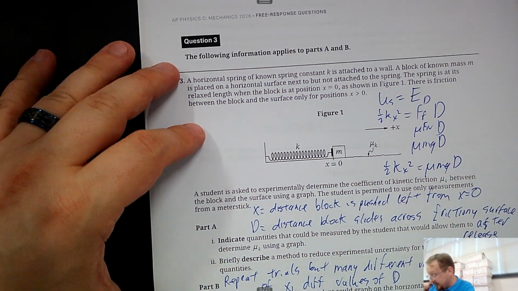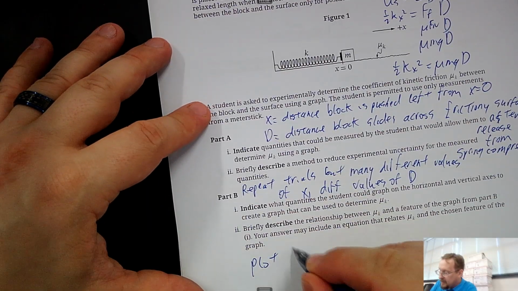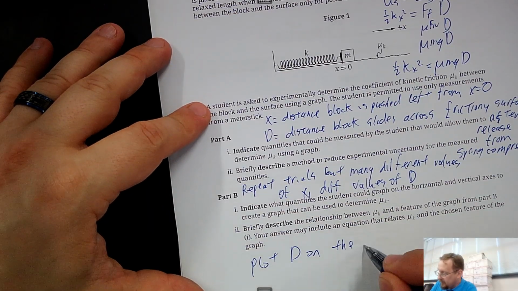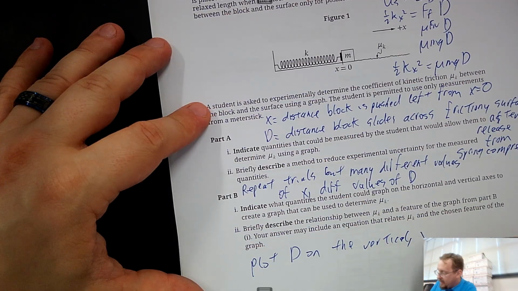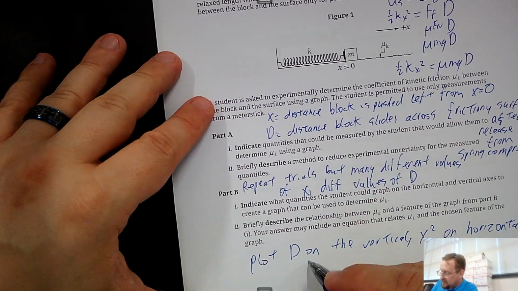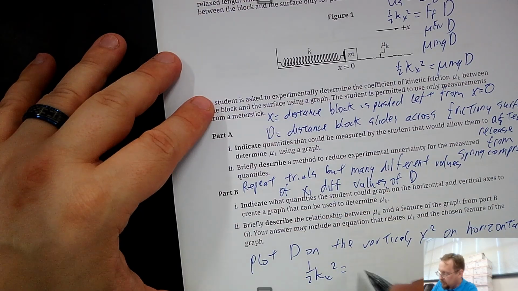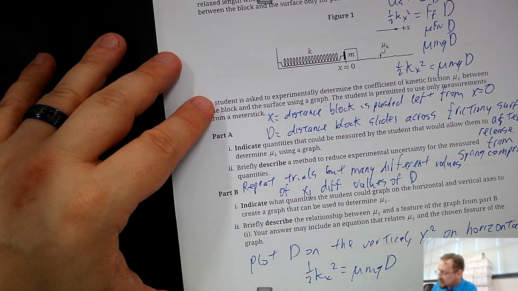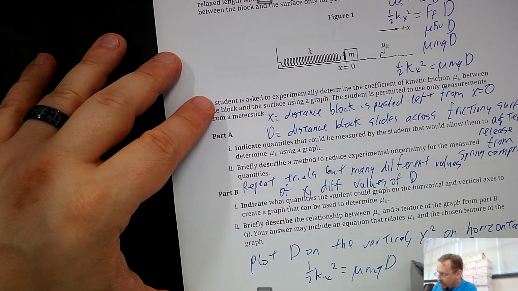So I think I'm going to plot D on the vertical, x squared on the horizontal. I do this lab with my students in P1. So I just said 1/2 kx squared equals mu mgd. So if D is on top and x squared is on the bottom, then it looks like we're going to have k over 2 mu mg.